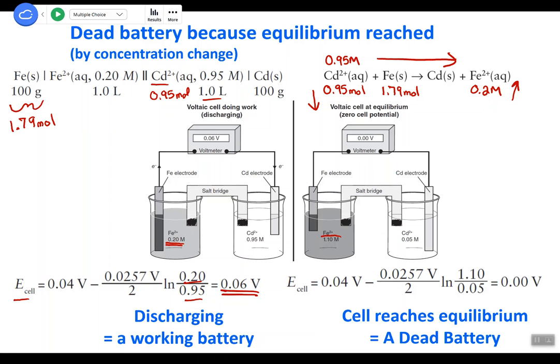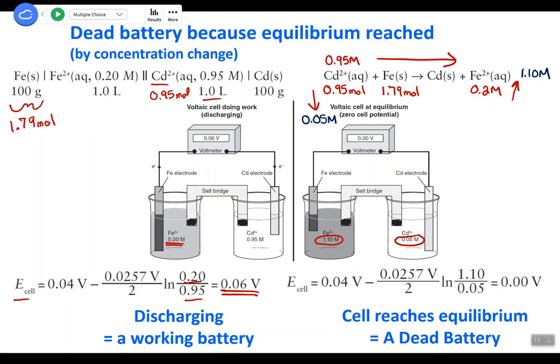Until, for this particular example, iron concentration increases to 1.1 moles per liter, and the cadmium concentration, as given here, decreases to 0.05 moles per liter. Now, they're not 0 yet.